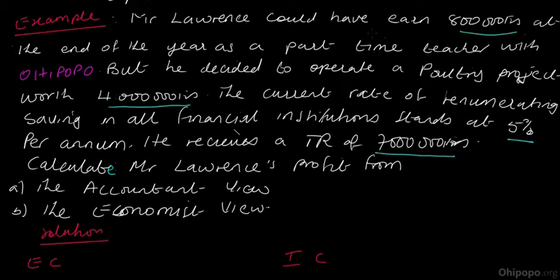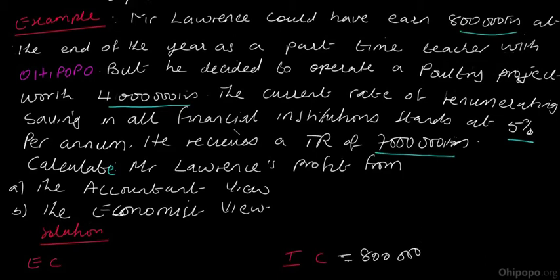Mr. Lawrence could have earned 800,000 francs. What that means is that he is foregoing 800,000 francs at the end of the year.